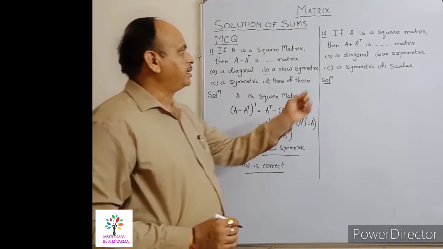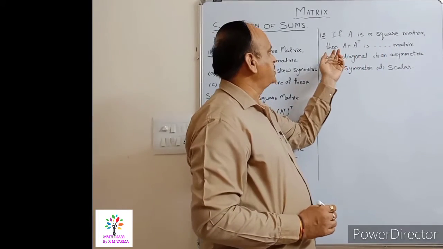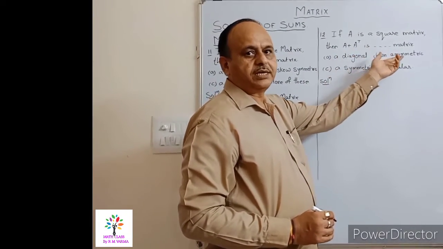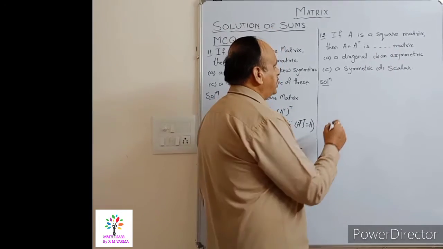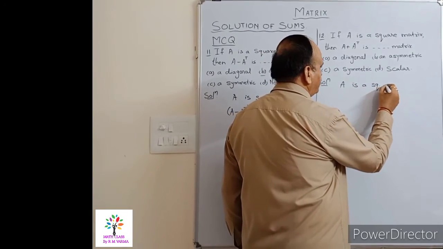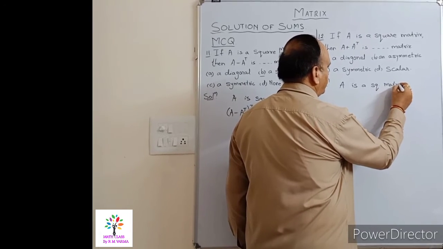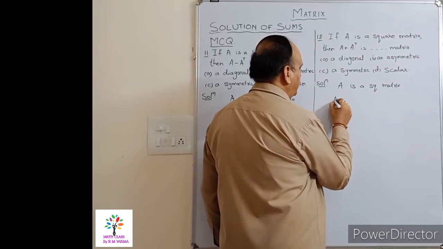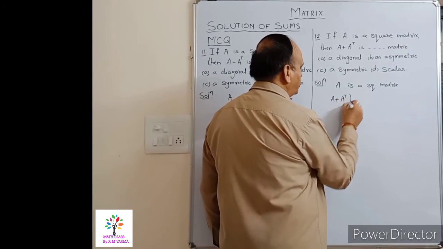Similar type of sum is there. If A is a square matrix, then A plus A transpose is a dash matrix. So similarly, A is a square matrix, we are having A plus A transpose.